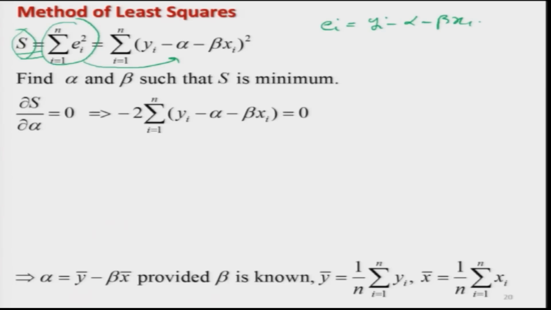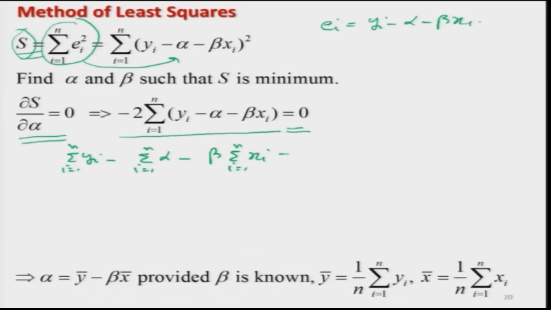So, I find the first order partial derivative of S with respect to alpha, and this gives us this equation, and following the principle of maxima and minima I put this first order condition equal to 0. Now if you solve it, you get summation yi from 1 to n minus summation from 1 to n alpha minus beta times summation from 1 to n xi is equal to 0.